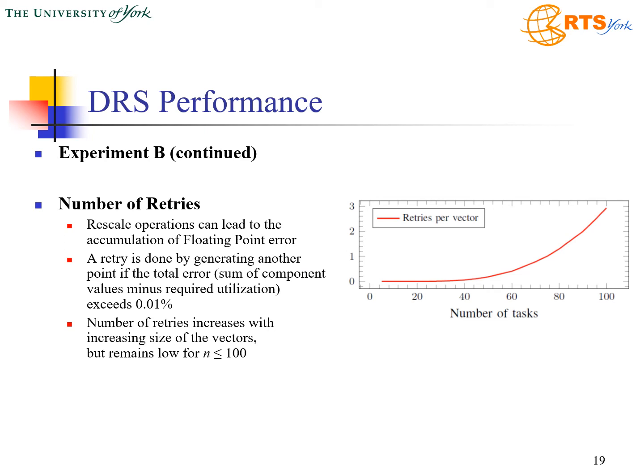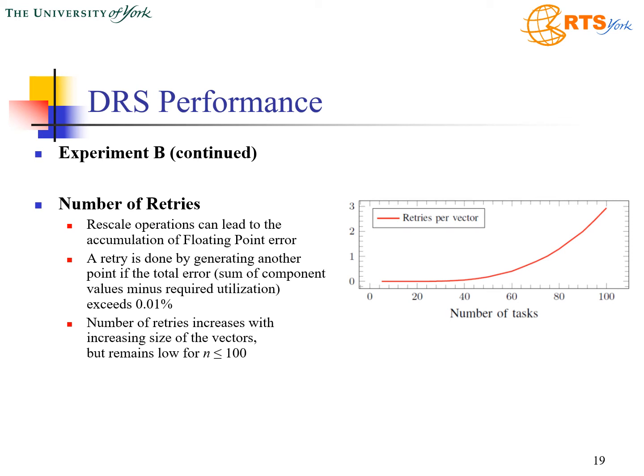This slide shows further information from experiment B. When we have a large number of rescale operations, particularly for large vectors, then this can lead to the accumulation of floating point error. In this case, we do what's called a retry. So a retry effectively discards the initial point and tries again with another one.